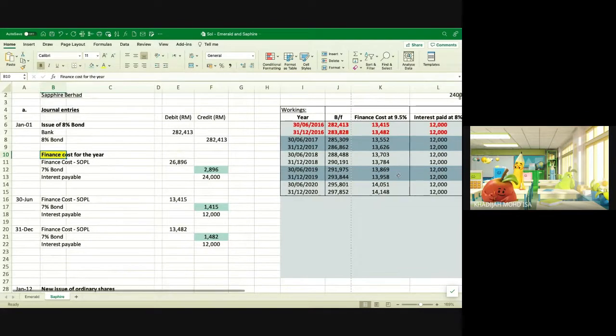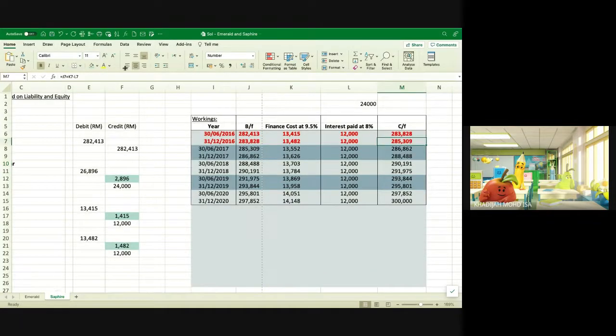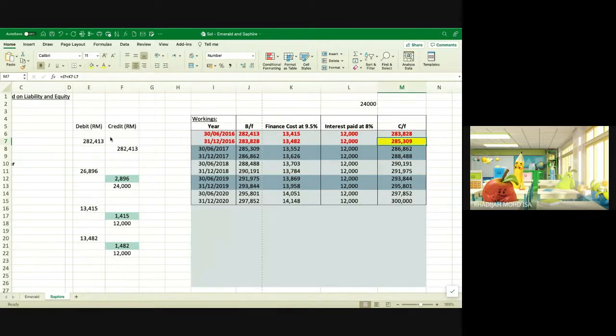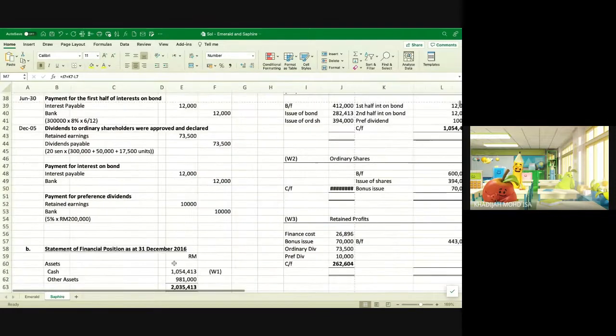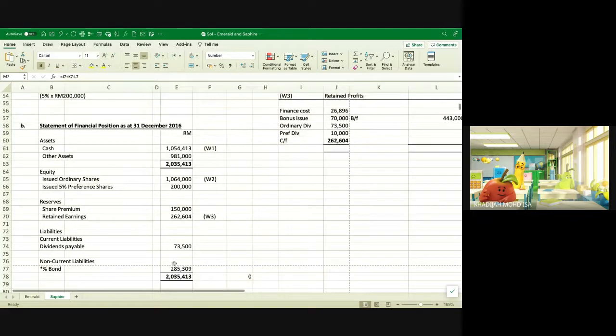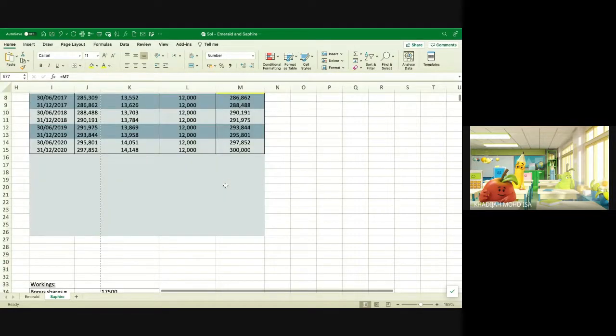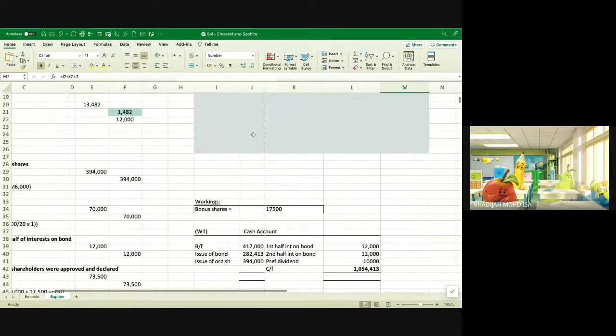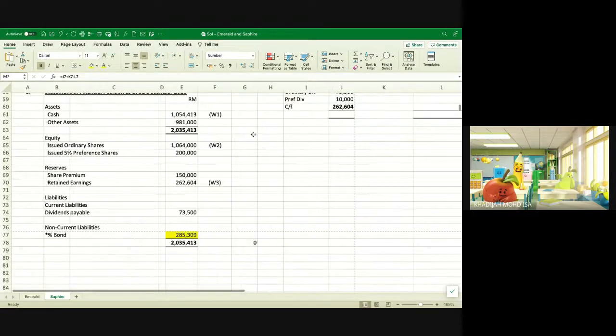As you can see, at the end of the year you recognize this amount, as per your statement of financial position. So your non-current liabilities bond is 285,309. That's the figure that should be in your financial statement.